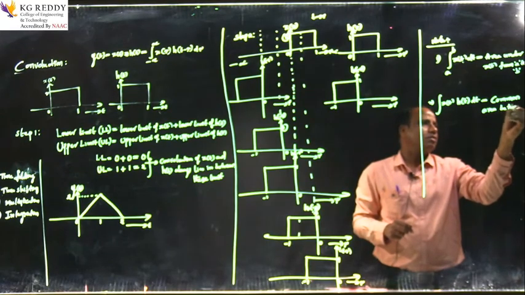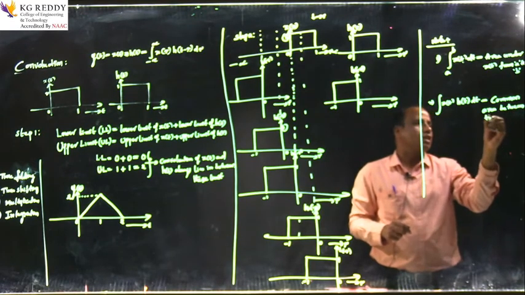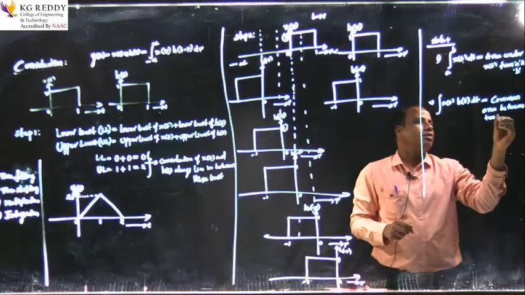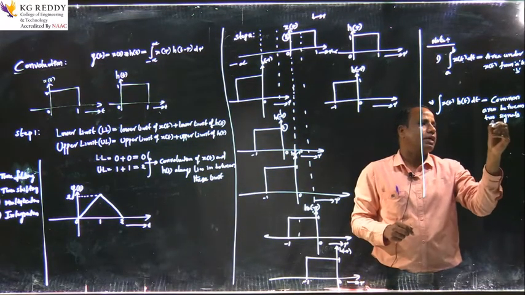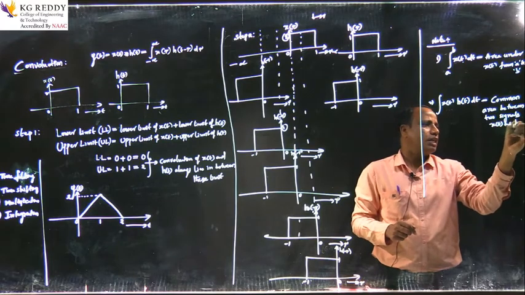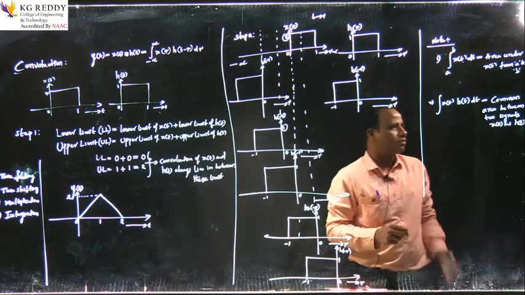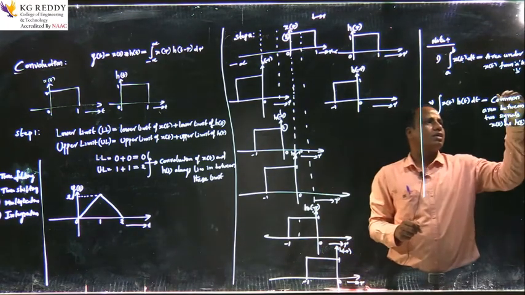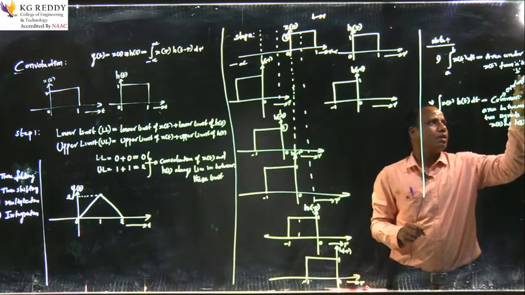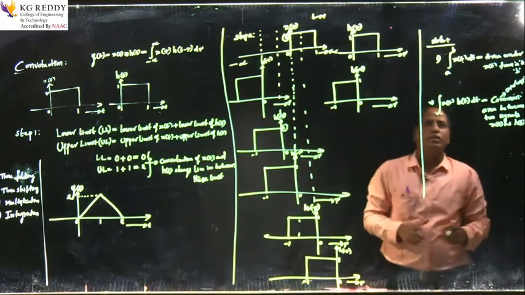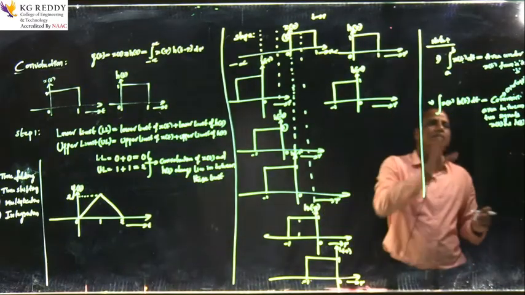between two signals, x of t and h of t. So the common area, which we also call the overlapping area between them, is what we are trying to understand in the convolution.